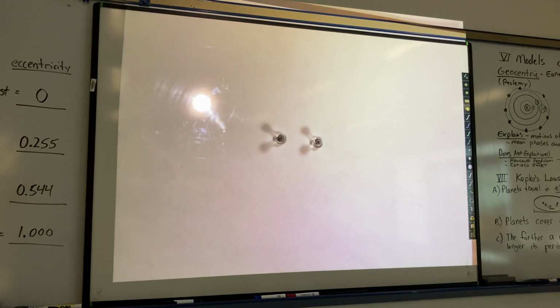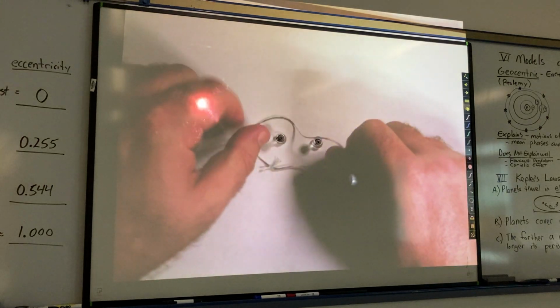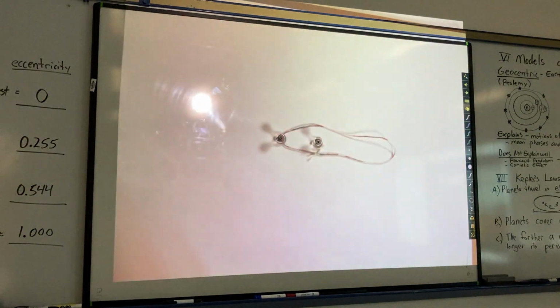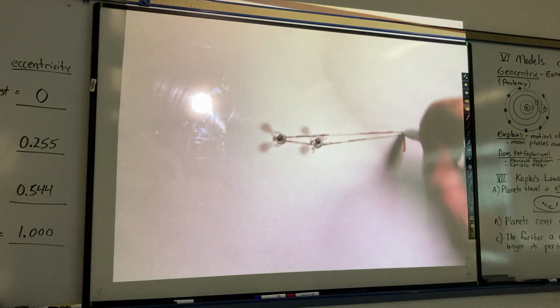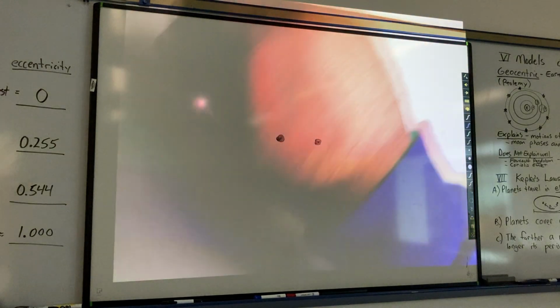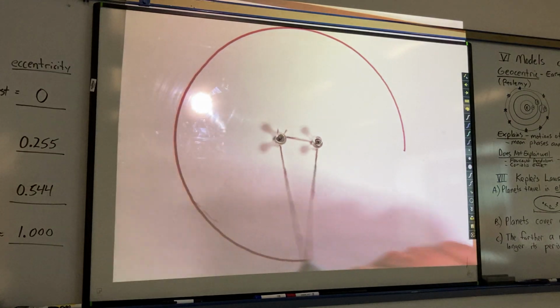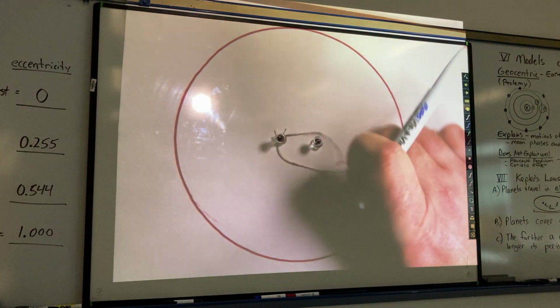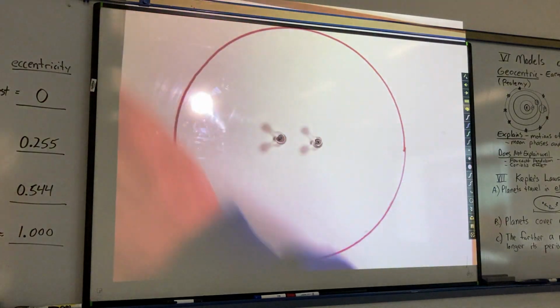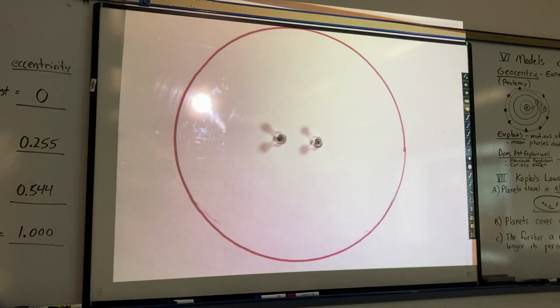All right, now to actually draw the ellipse, I take my string, my pen, pull it tight like that. Now I draw my ellipse like that. So there is ellipse number 1.